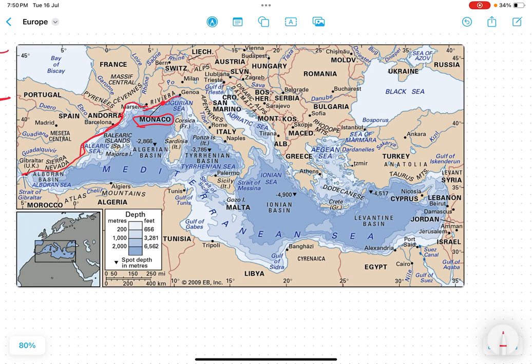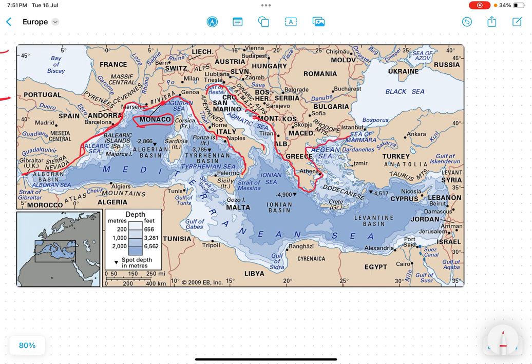Then we have Italy. After that, we have Slovenia, Bosnia and Herzegovina. Then we have Montenegro, then we have Albania. We have Greece.